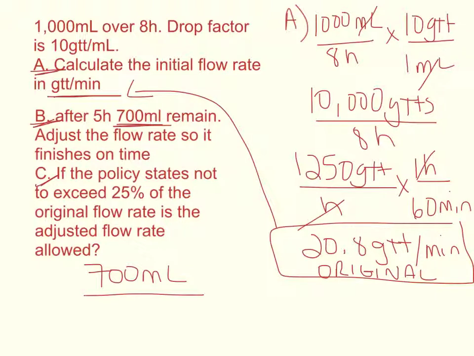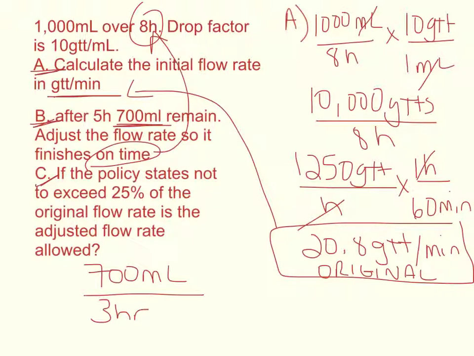But it's not going to be 8 hours, and it's not going to be 5 hours. Again, keep in mind when we're looking at a word problem, the words are very important. It says after 5 hours, 700 milliliters remain. Adjust the flow rate so it finishes on time. On time is referring to that 8 hours. So 8 hours minus 5 hours gives you 3 hours. So there's 3 hours remaining to infuse the 700 mils.